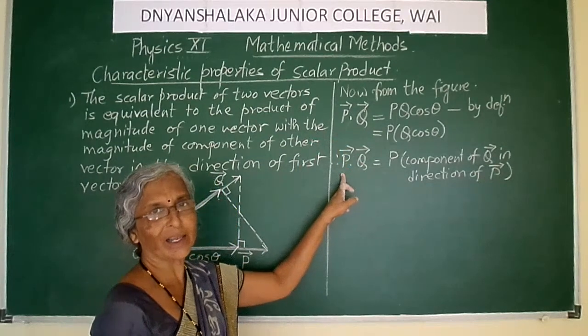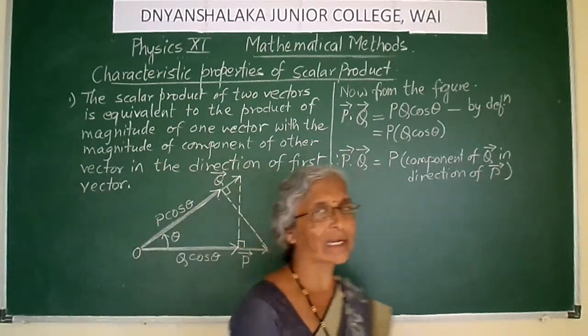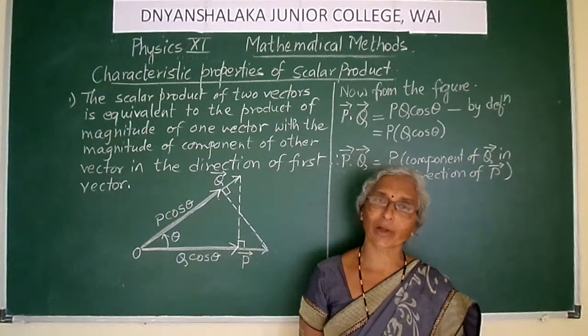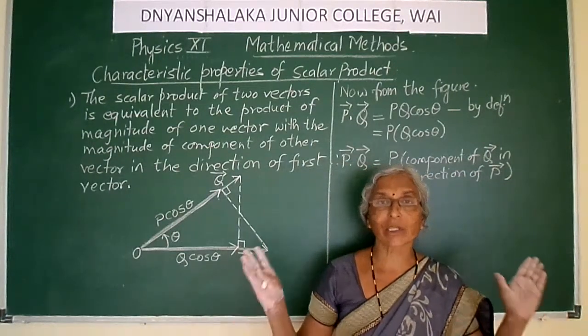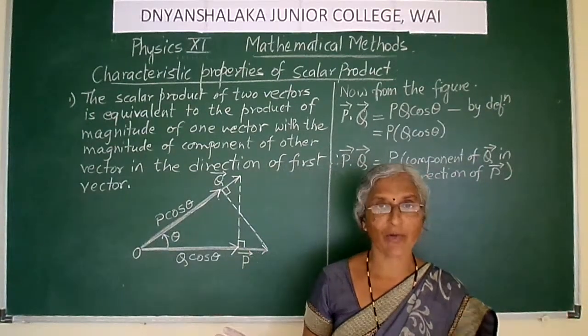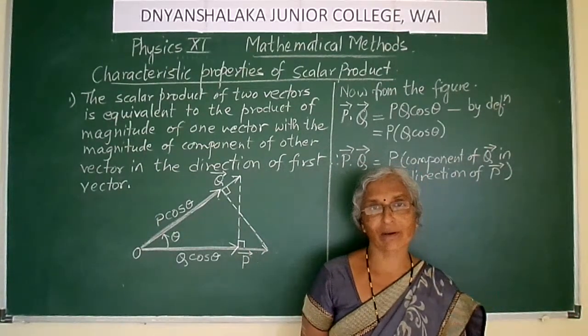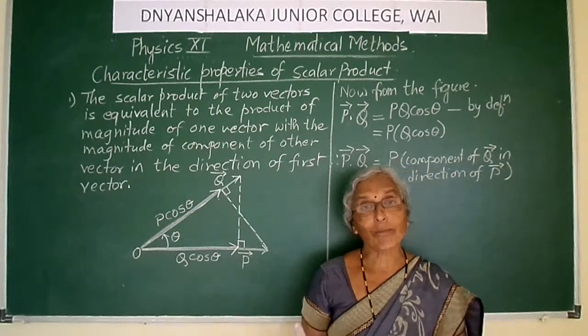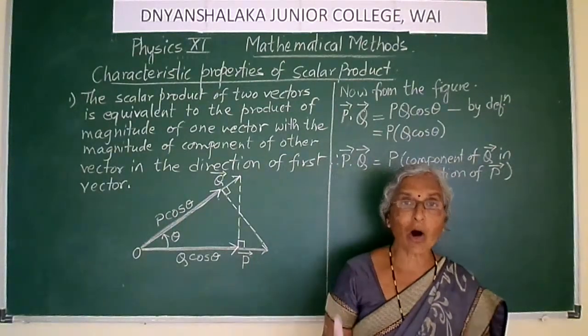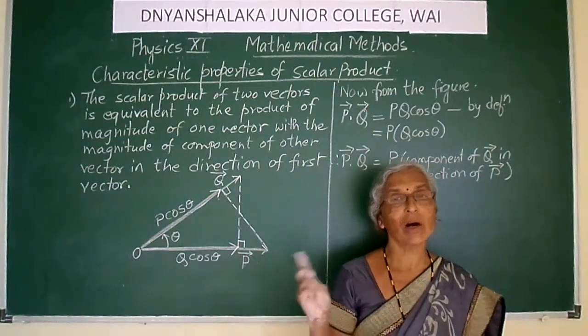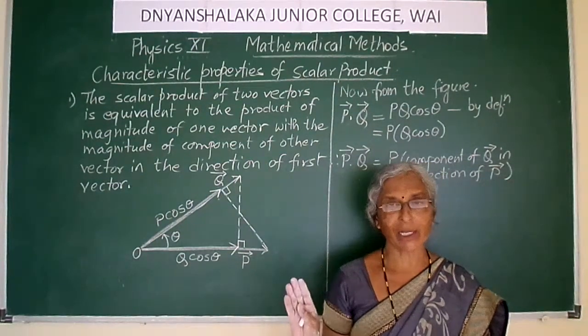Are you getting it clear? So this is the first characteristic of scalar product of two vectors: that the scalar product of two vectors is equivalent to the product of the magnitude of one vector and the component of the other vector drawn in the direction of the first vector. Are you getting it?